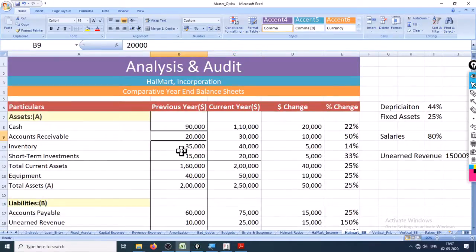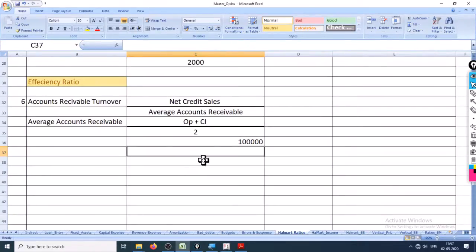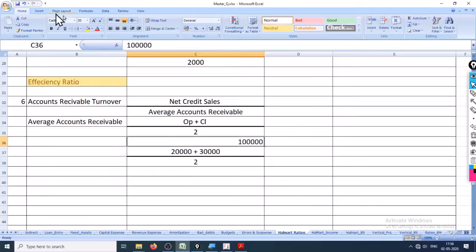Right here you can see opening is 20,000 and closing is 30,000. So this will go like 20,000 plus 30,000 divided by 2.